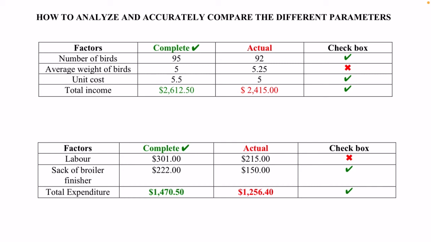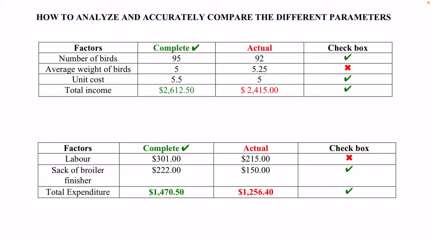When this is done, we are able to accurately and systematically use the correct factors to explain and compare the reasons for the differences between the complete budget and the actual income and expenditure statement.